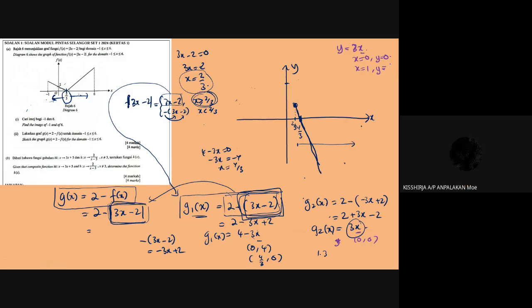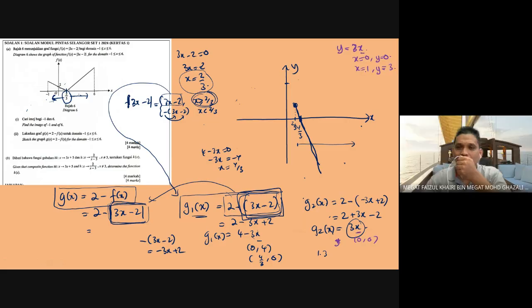When x equals 1, y equals 3. When x equals 0, y equals 0. And then let's say this graph shares the same value at this point, 2 over 3.